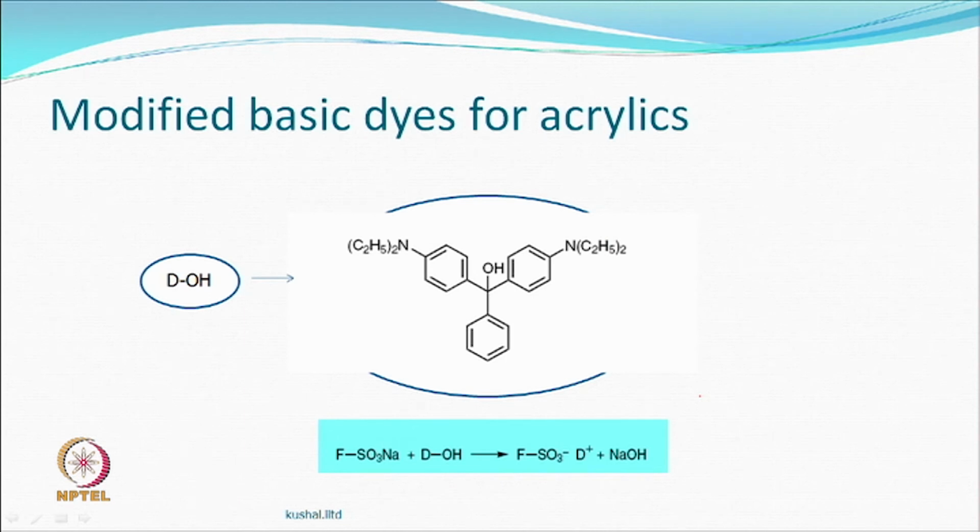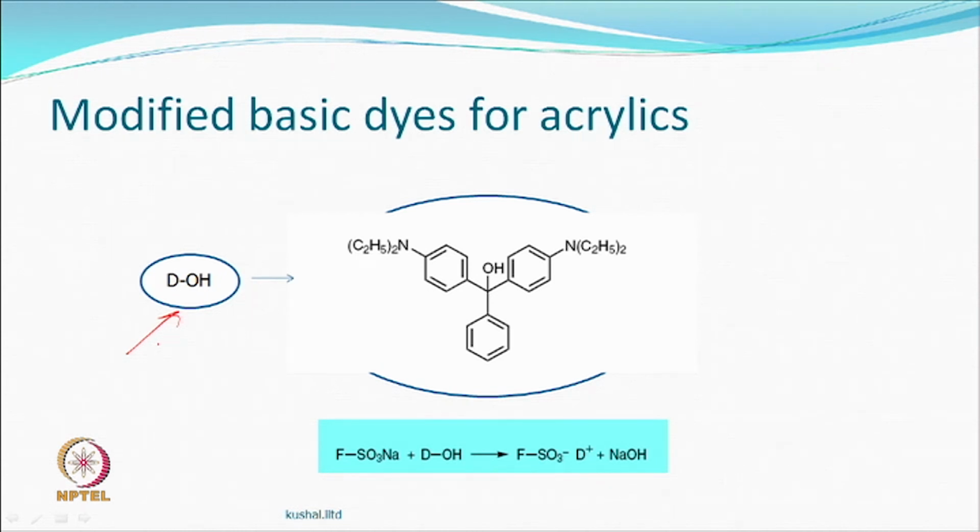But if you have a dye like this, which you represent as a dye which has got a hydroxyl group, and all other, this is a triphenyl methane type of a group, and because of this OH being there, it is possible not to have any ion there.